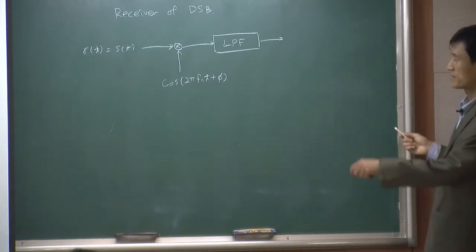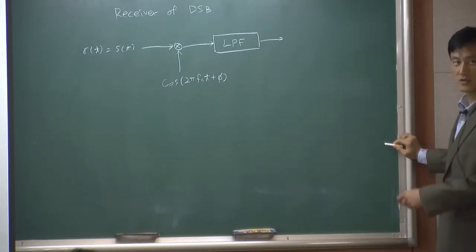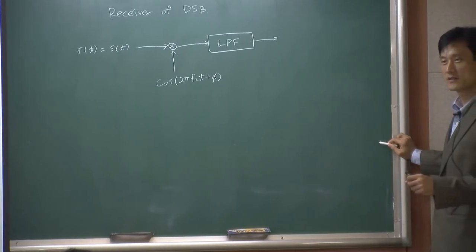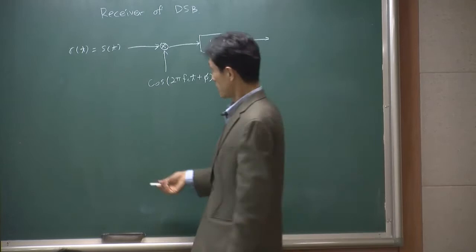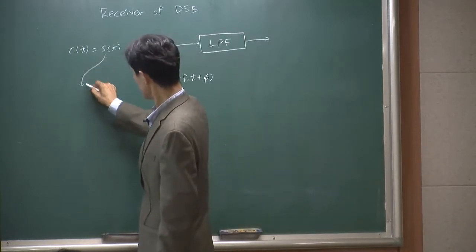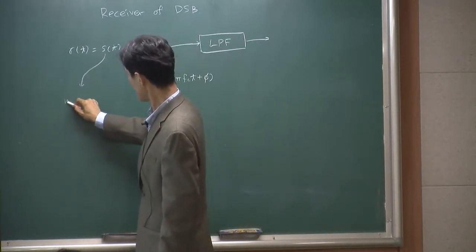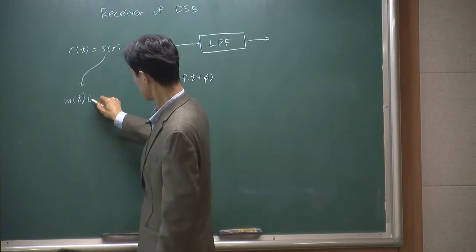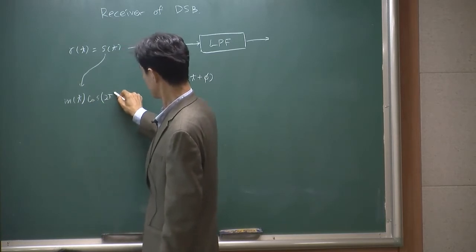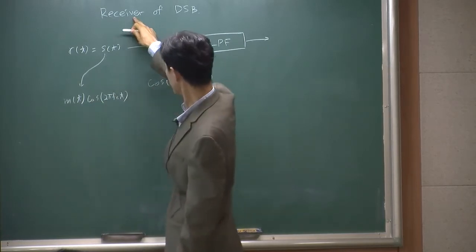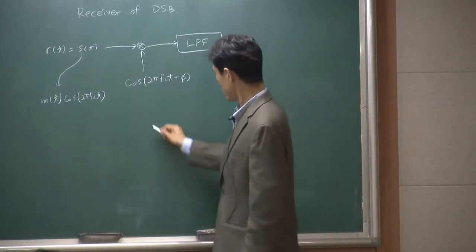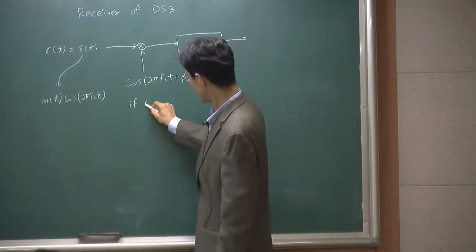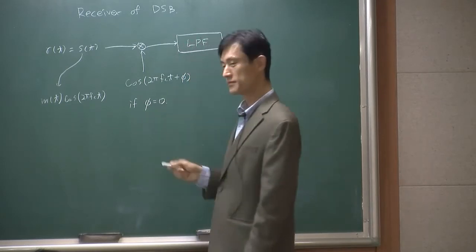That's the receiver, and this receiver is called a coherent detector. Our original S(t) looks like m(t) times cosine. I'm still talking about DSB, just reviewing the DSB. And now let's assume that phi equals 0.